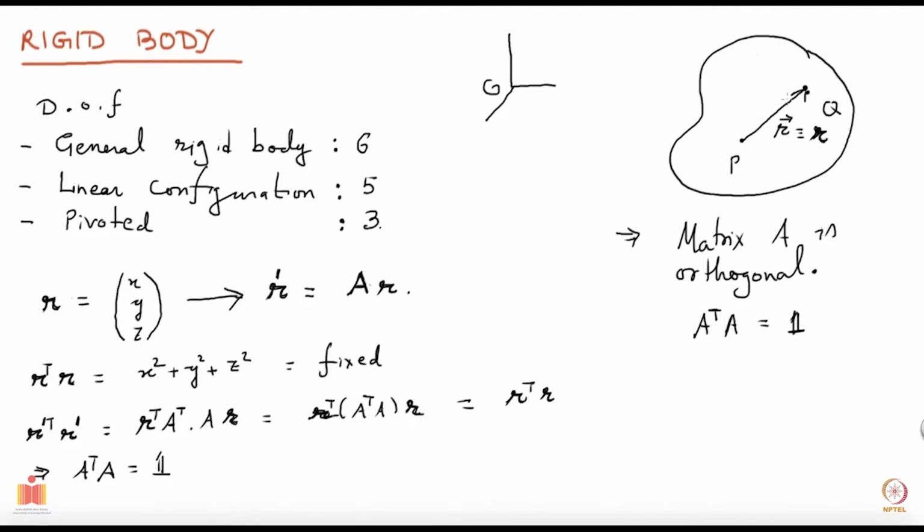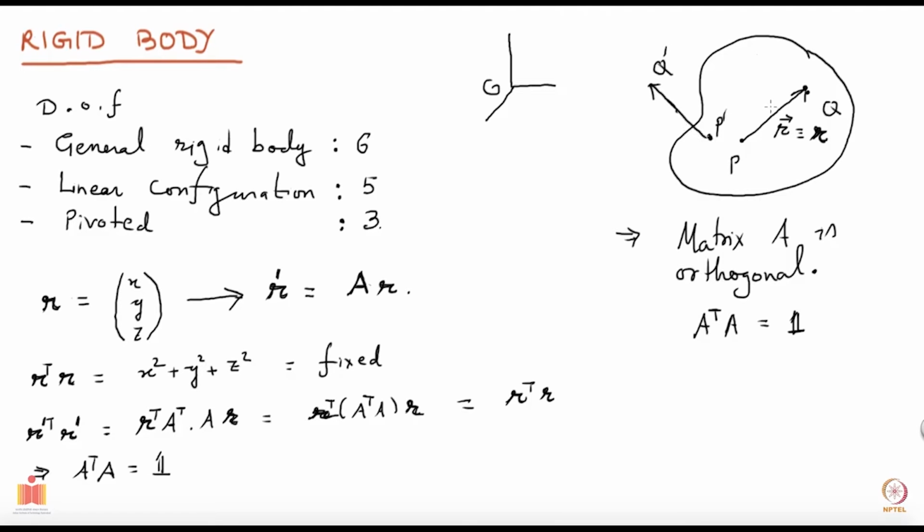Let's say at time t equal to 0 you are here, and after some time t this thing is oriented like this. The point P has moved here, the point Q has moved there, and their new locations are called P prime and Q prime. Which means the body got displaced and got oriented differently.